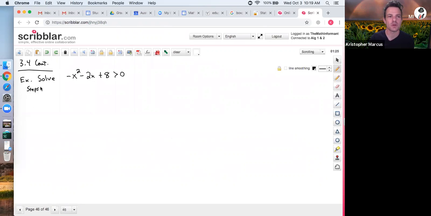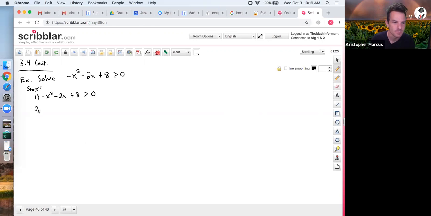The steps that we wrote down were somewhat like this. Step number 1, get everything on one side of the inequality. We already got it. Negative x squared minus 2x plus 8, and there's a 0 on the right side. That's the key.